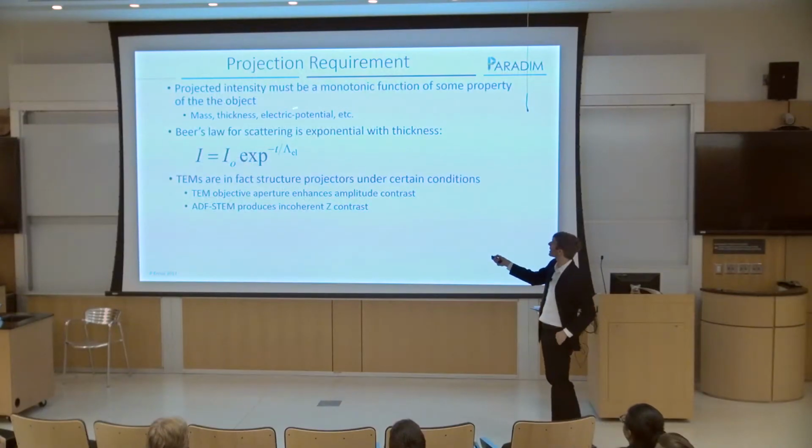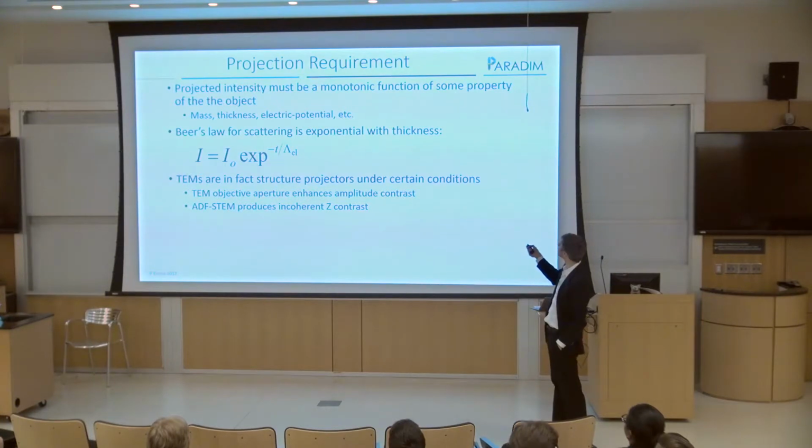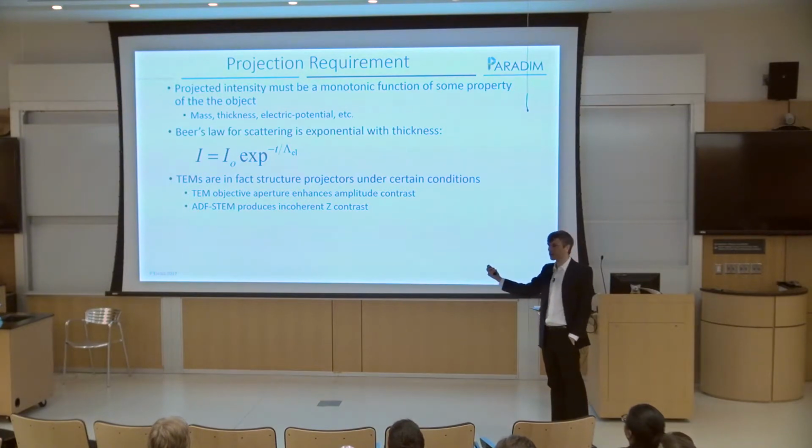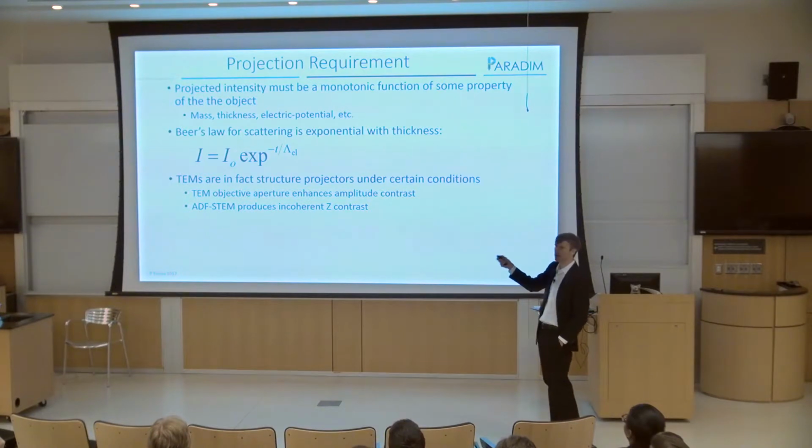Okay? Projected intensity must be a monotonic function of some property of the object. Mass, thickness, you can do electric potential, you can do magnetic fields, lots of different things. But what almost everybody does is mass thickness. It's the mass of the object, okay?